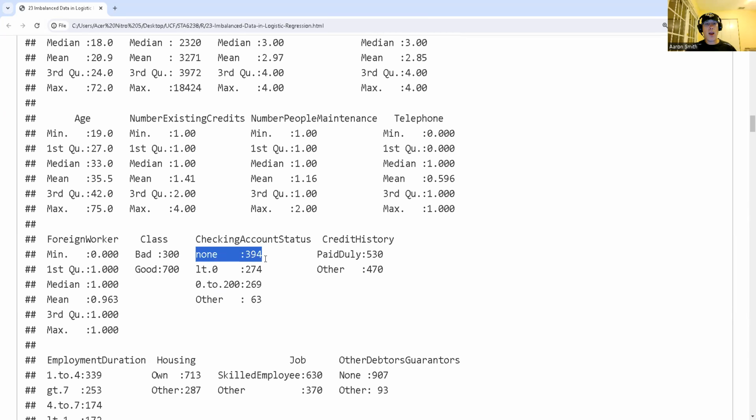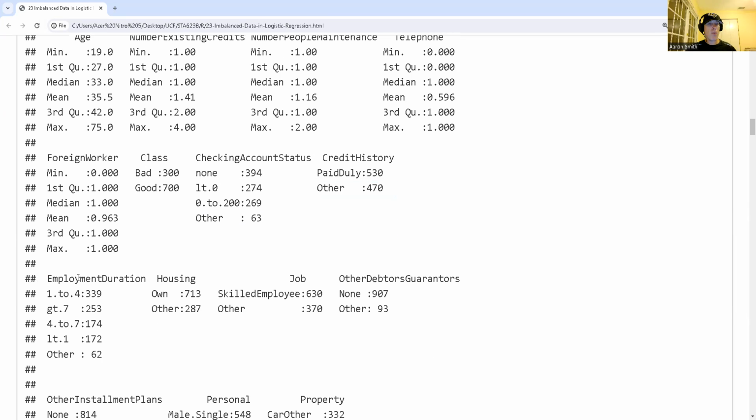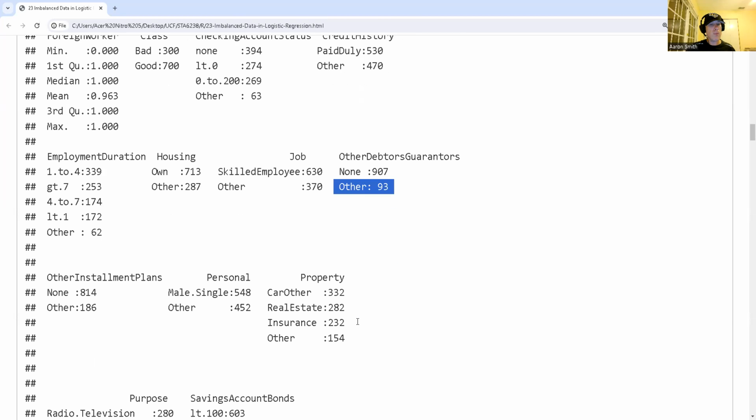So other is everything that wasn't in these three. Here, everything is in paid duly or the other category. And we have our employment duration and our housing, and you'll notice I don't have any crazy sparse levels because I did the other. Well, this is rather low, but it's not too bad.